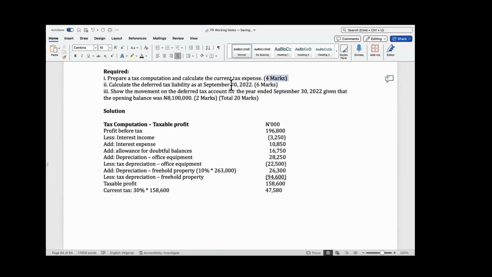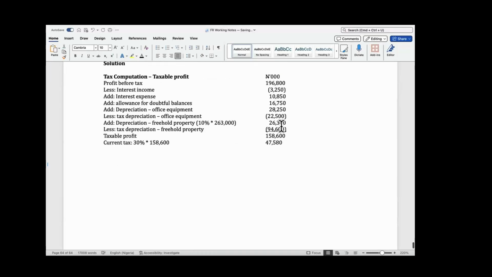So that's 4 marks for you. The second one, we are asked to compute deferred tax liability. So part B, computation of deferred tax liability.